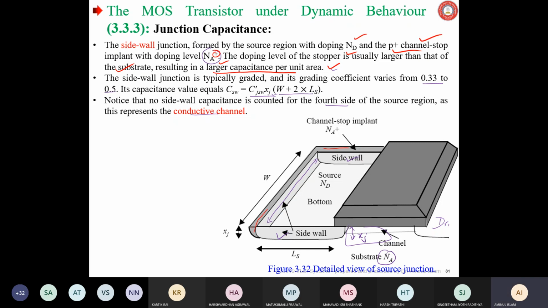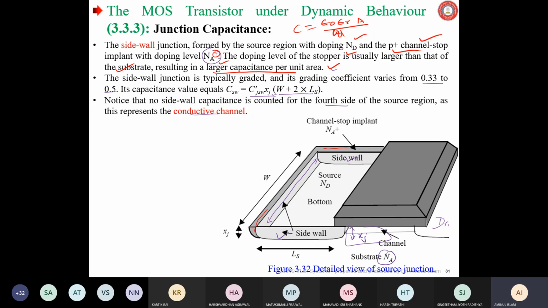Capacitance is epsilon 0 epsilon R A by D, where D is the depletion layer width, let me say WD. It is less if the doping concentration of both sides is higher.